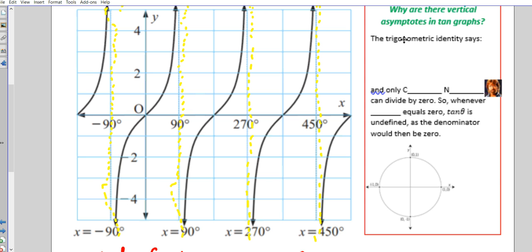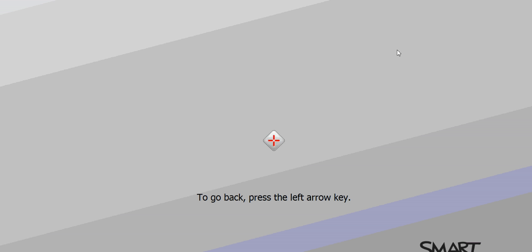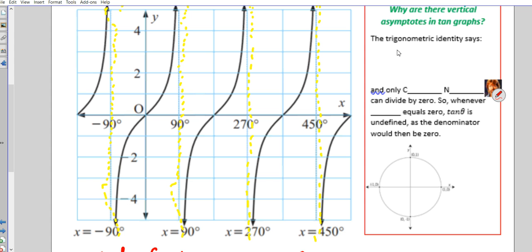So first of all, why are there vertical asymptotes in tan graphs? Remember back to the trig identity. I'll quickly need to calibrate again because that's a small box to write in. What was the trigonometric identity again, if you follow that? From the different trigonometric identities, what was the trig identity?